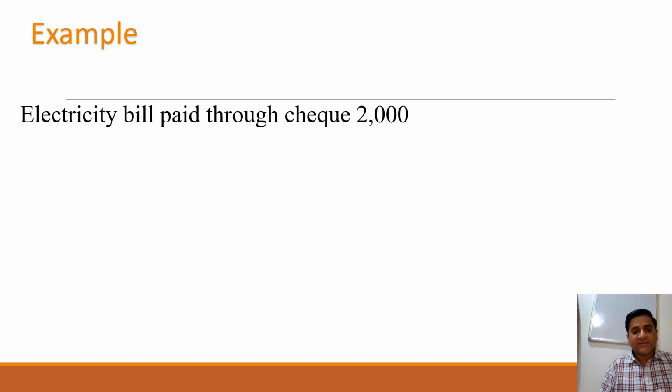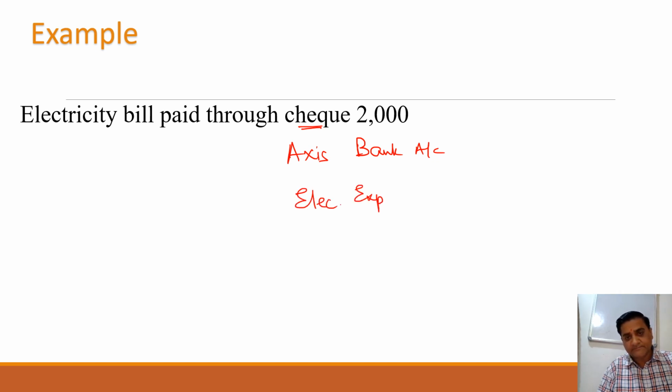Next is paying electricity bill through cheque. What does this mean? It means you have two accounts. One account would be your Axis Bank account. The other one would be your electricity expense account or electricity charges account. The nature of this would be of assets. This is an expense for you.